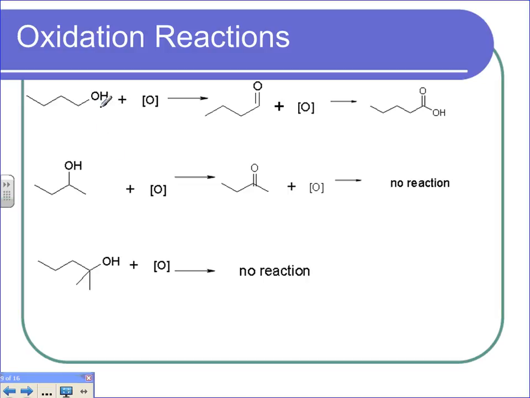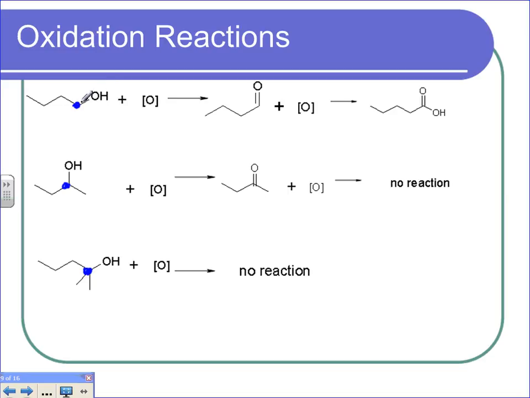So alcohols can be oxidized. And what we need to discuss is the difference between primary, secondary, and tertiary alcohols. When we talk about these differences, it's related to the number of carbons attached, okay, to the carbon holding the hydroxyl. So really the substitution of the carbon bearing the hydroxyl.